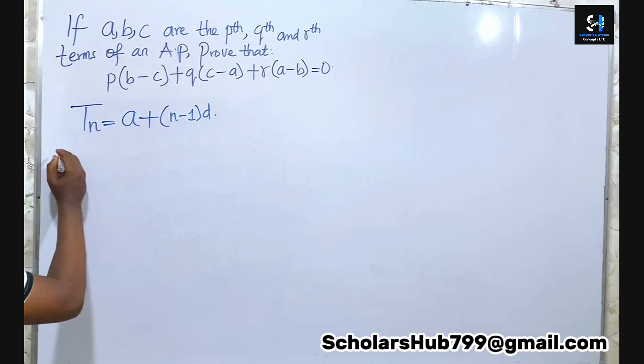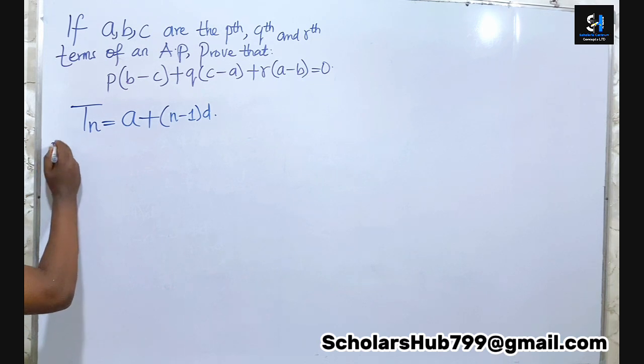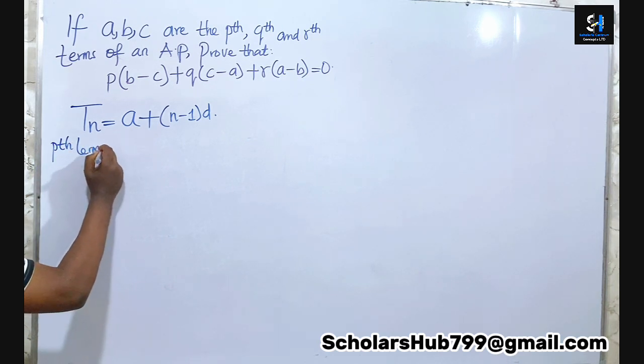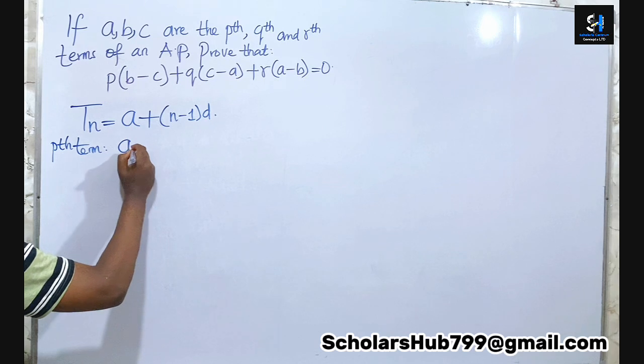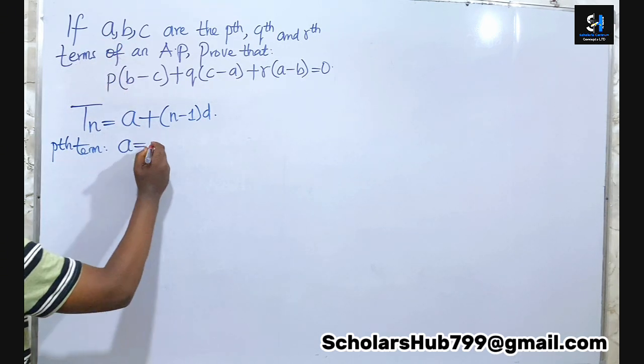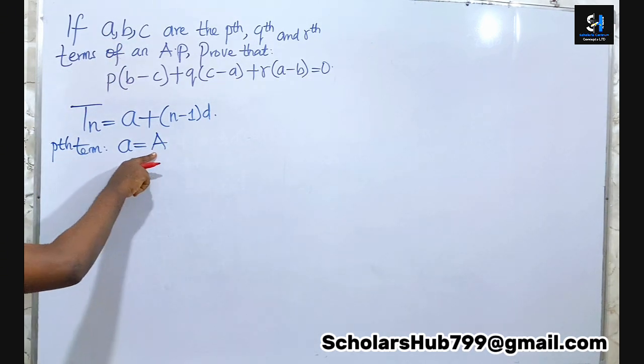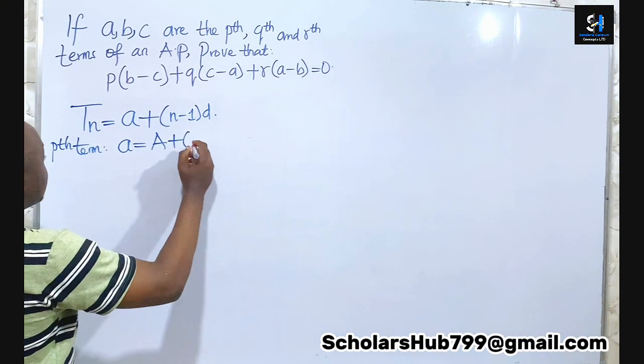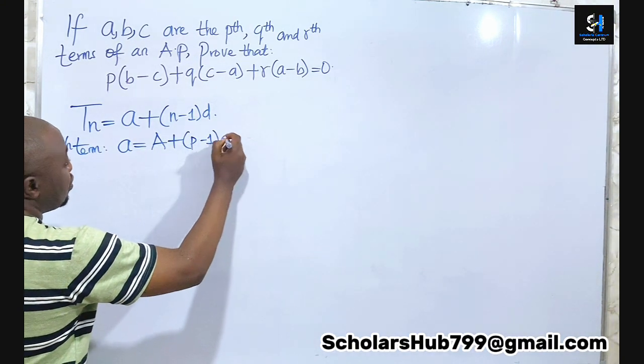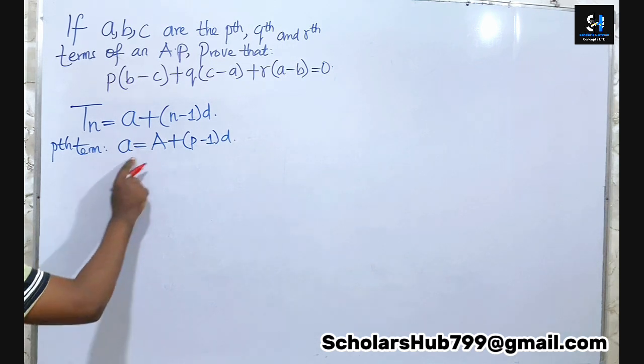So for the pth term, we're going to have lowercase a equals, let me use uppercase A as the first term, plus (p minus 1) times d. That's for the pth term.